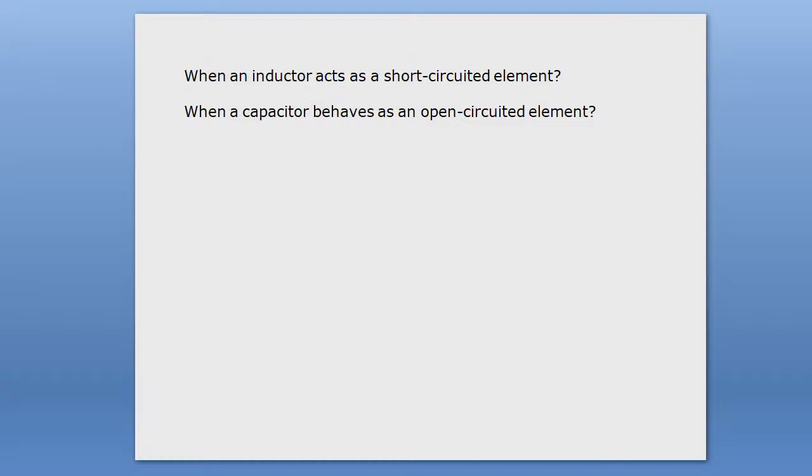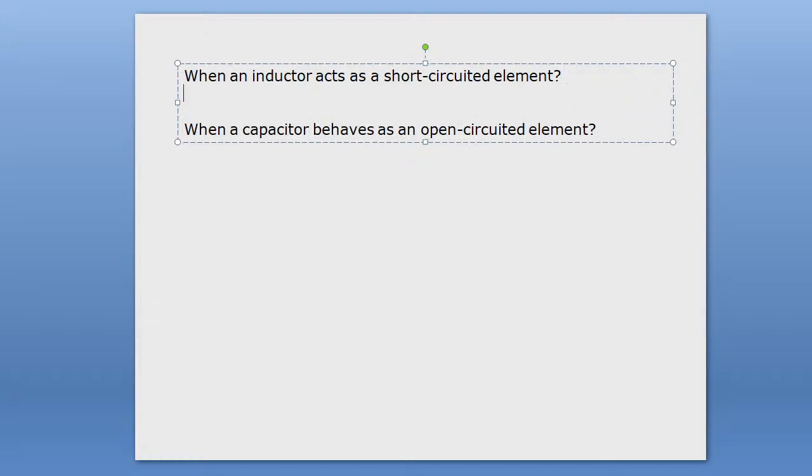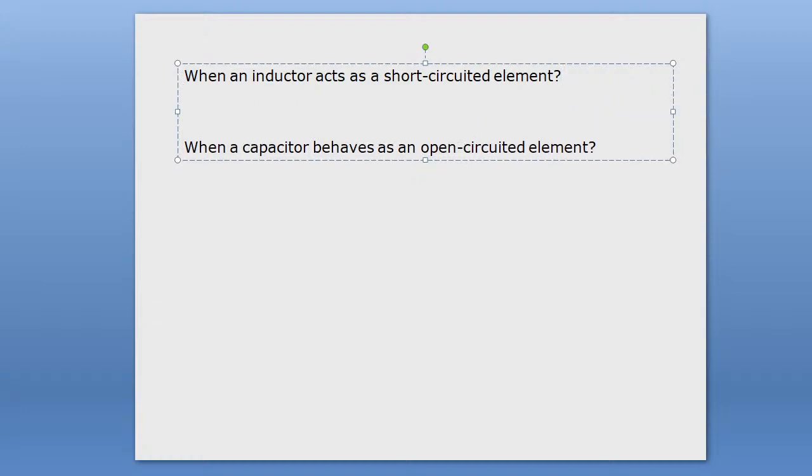Now, can anyone tell me the expression of voltage drop across an inductor?